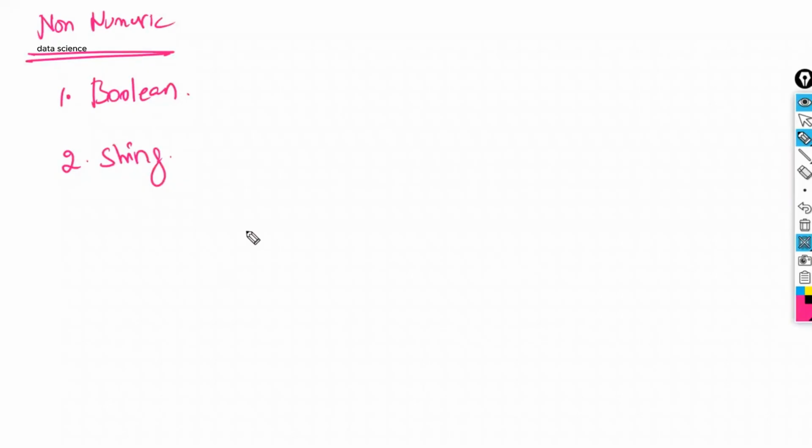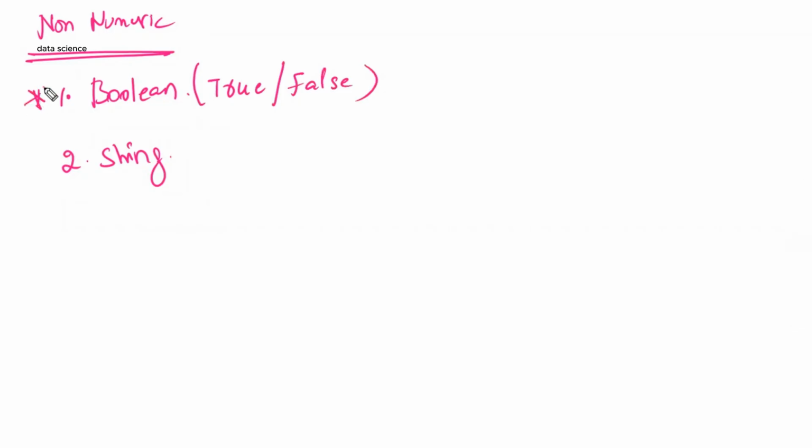Now, what is meant by Boolean? Boolean means it is going to say either true or false. It is one of the most important data types in Python for data scientists. For others, it might be useful or not, I don't know, but for us it is very useful. Right? Now, Boolean is with respect to True or False, where True has a capital T only.